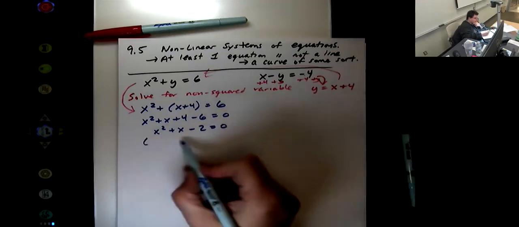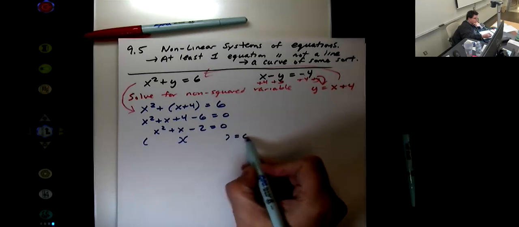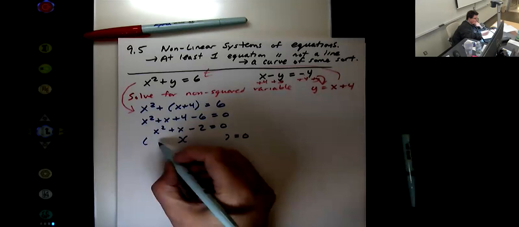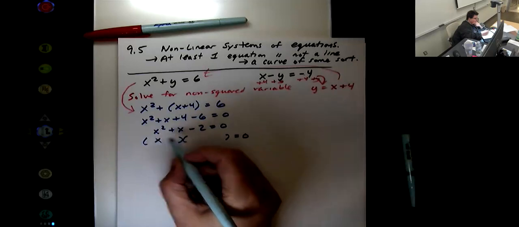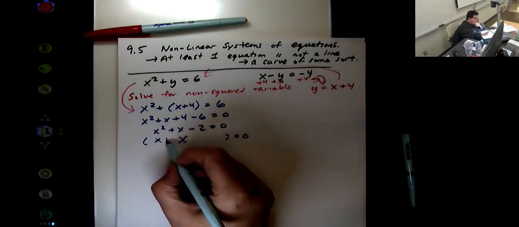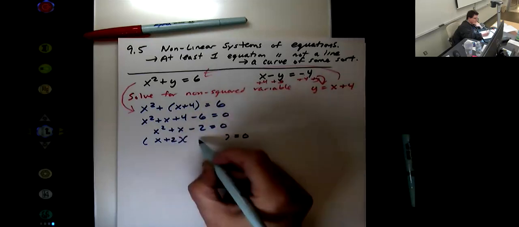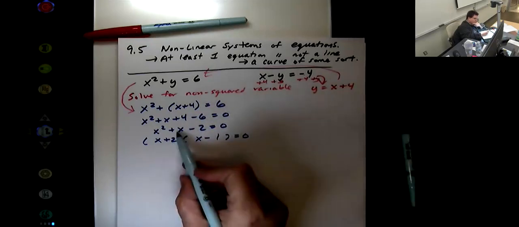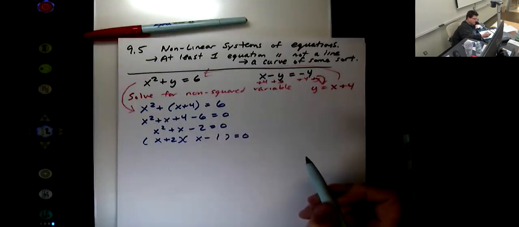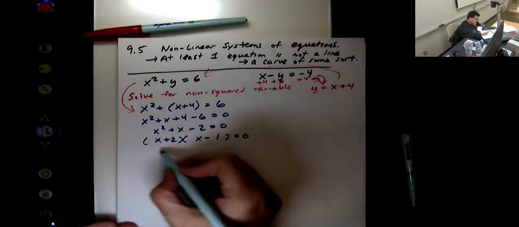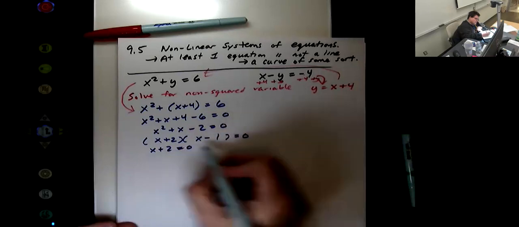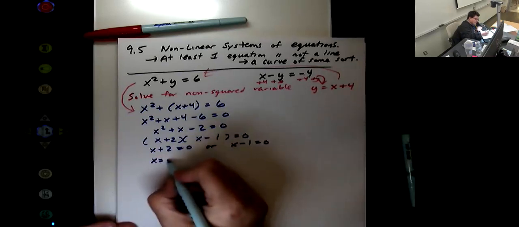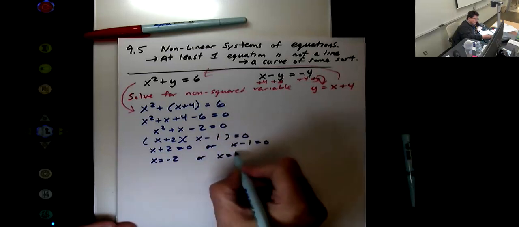What's that factor into? Should be x plus 2, x minus 1. The bigger one's got to be positive, to end up with a positive. So if we set each of these equal to 0, we get x equals -2 or x equals 1.